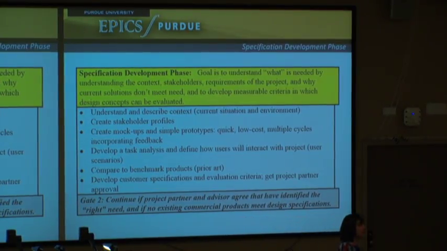The goal here is to understand what is needed by your community partner, not necessarily how you're going to do it. That's a tendency of beginning designers: to think, oh, they need this, and I'm just going to use this microprocessor or this laser or this whatever to achieve it, without fully understanding what's needed.